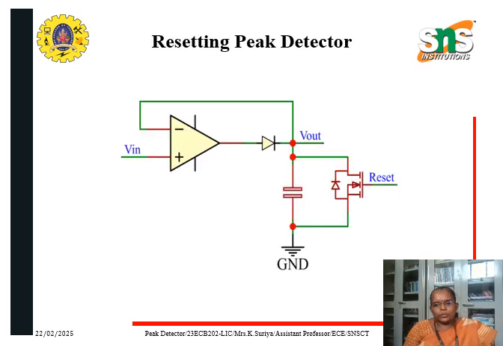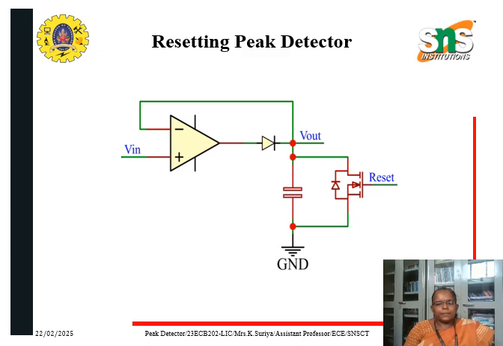One more modification of this peak detector is resetting the value. So as we know, a peak detector will hold the peak value until it resets. The easiest way to reset a peak detector is to drain the capacitor with some kind of a switch as shown here. The image shows a peak detector circuit with an op-amp featuring a reset mechanism.